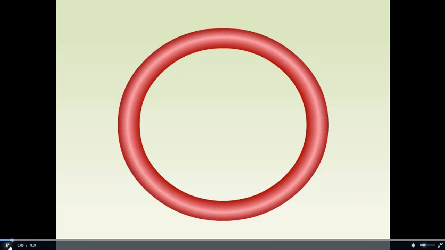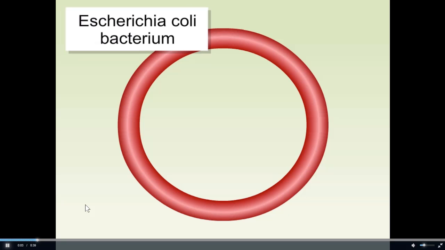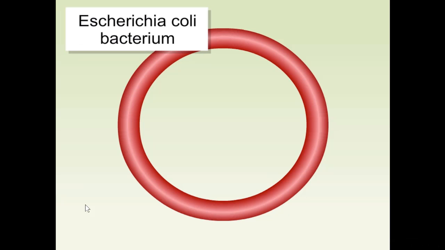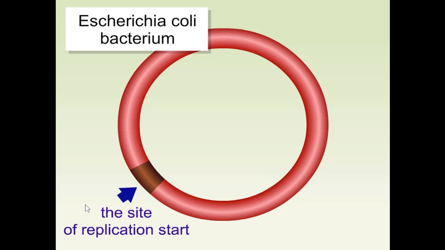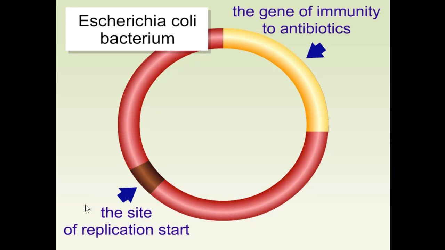The vectors used most often are plasmids of Escherichia coli bacterium, containing 3 necessary areas: the site of replication start, the gene of immunity to antibiotics, and a site onto which the DNA fragment can be embedded, without distorting the replication of the plasmid and gene expression of the gene of immunity to antibiotics.